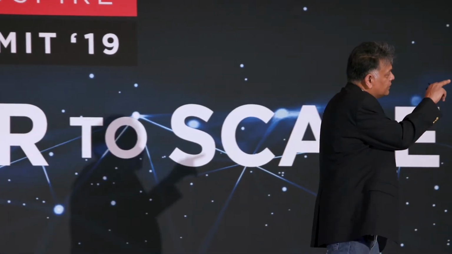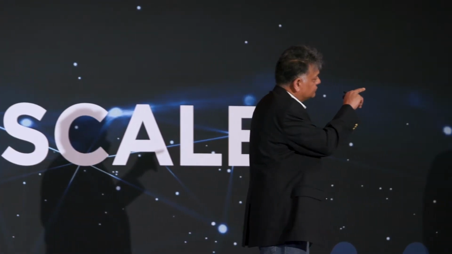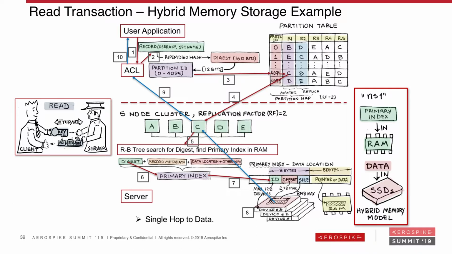So that part occurs first at the server, finding the primary index itself. Once you have the primary index, then depending on the namespace you are in, you'll either find the data on disk or you're going to find it in RAM. And at that point, the node will return back the data to the client library, which will feed it back to the user application. But what you get here, you can see, is a single hop to data.